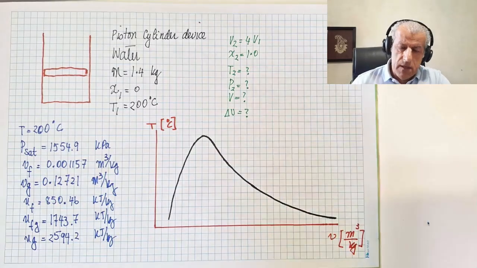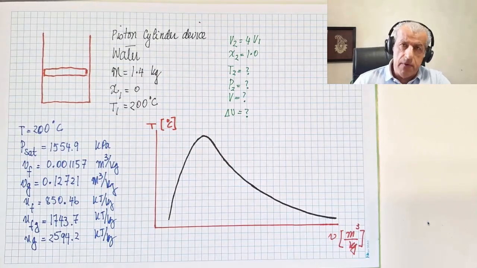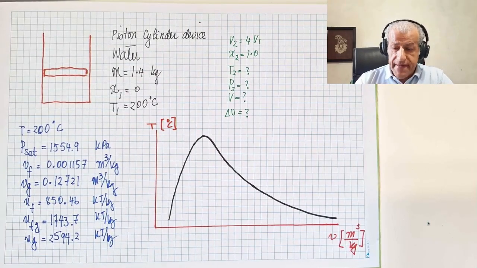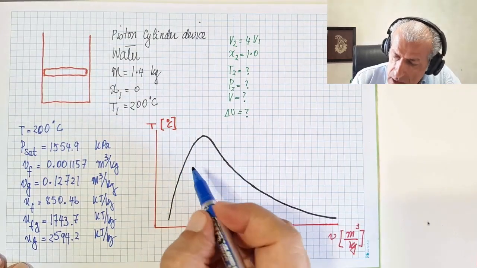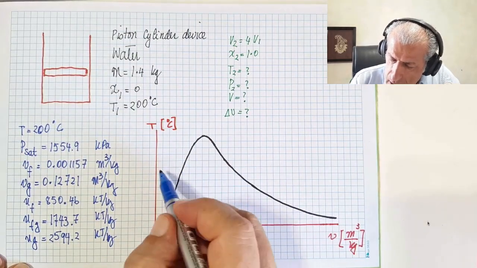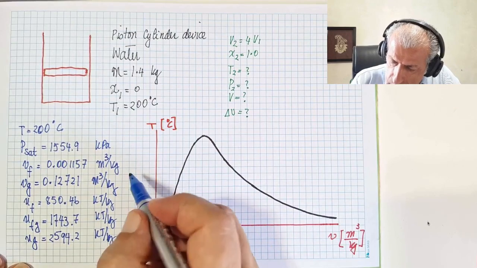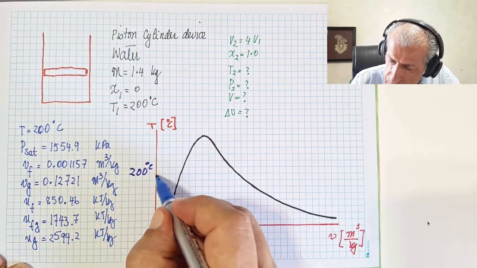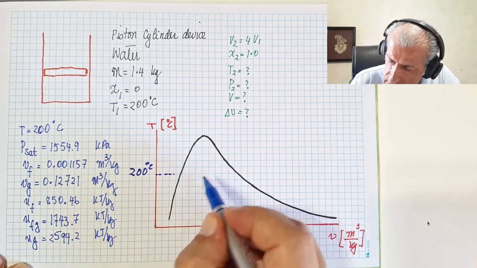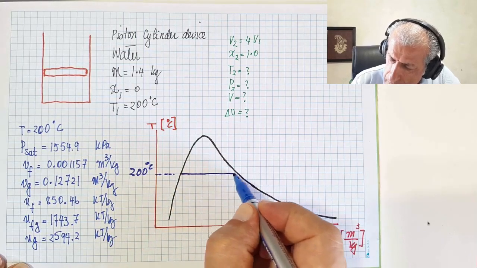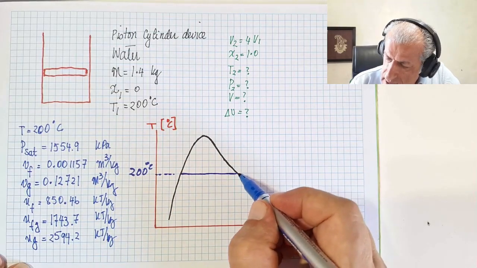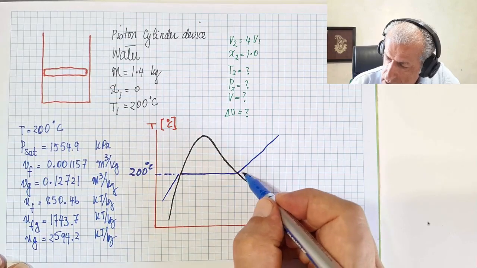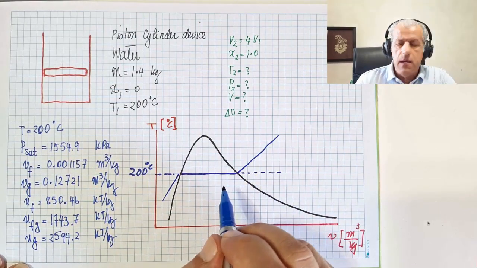Well, if this is a T-v diagram for water, then the temperature of interest for us is 200 degrees C. And well, let's assume that this is 200 degrees C. And so this is our constant pressure line, and this would be our constant temperature line.